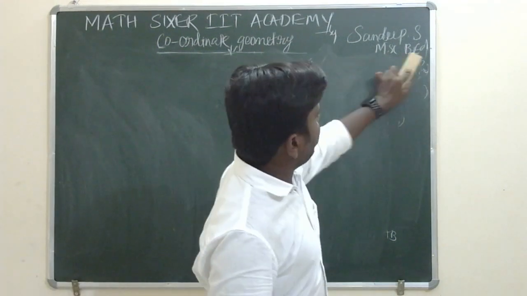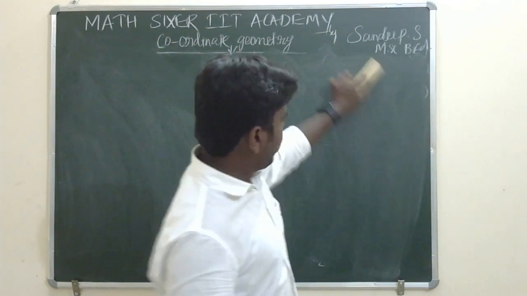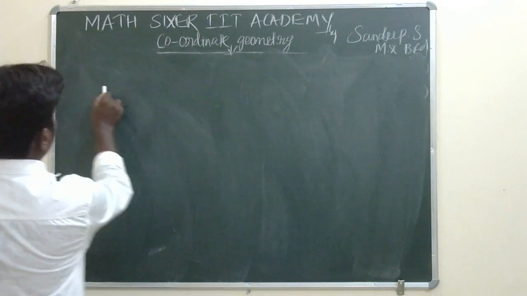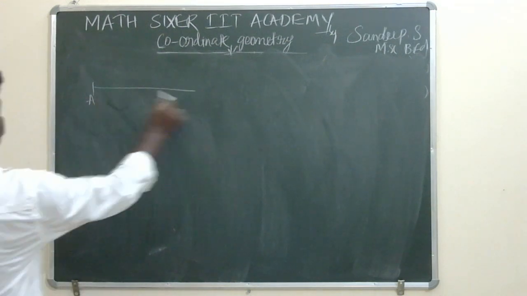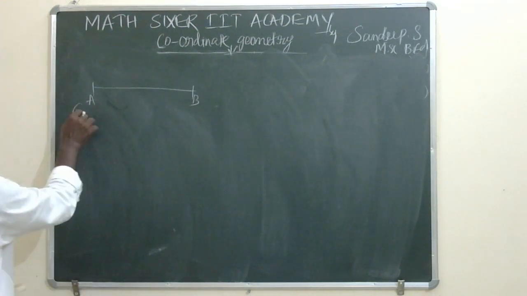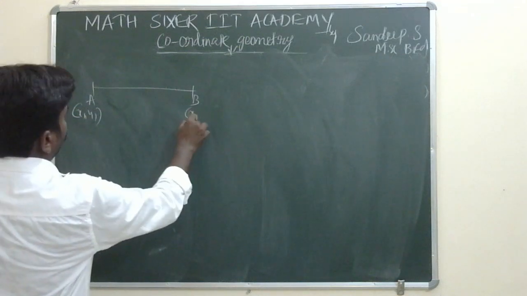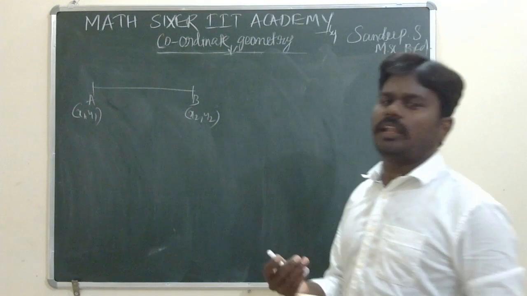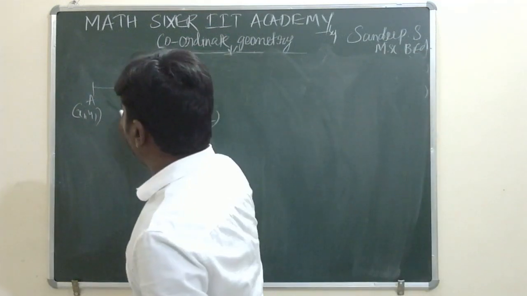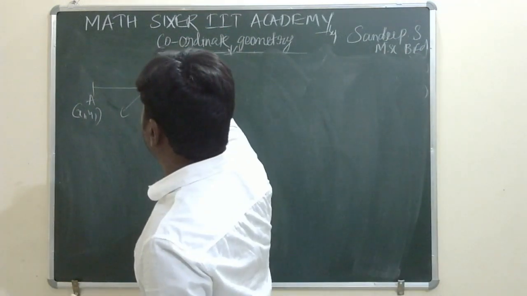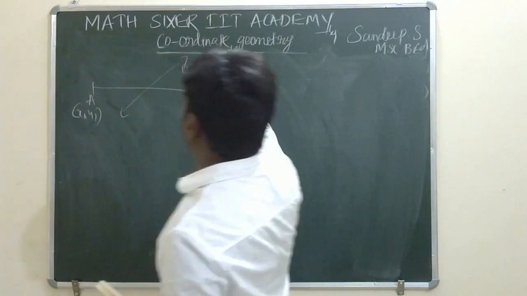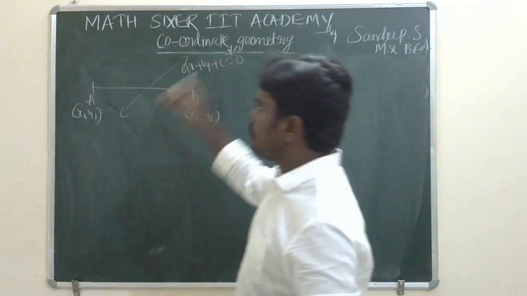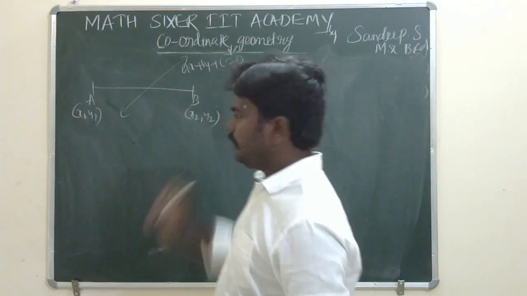Suppose we have A(x1, y1) and B(x2, y2). Here they didn't give a point, they have given a line, that is ax plus by plus c is equal to 0. It is a straight line, and in which ratio is this line dividing the line segment AB?